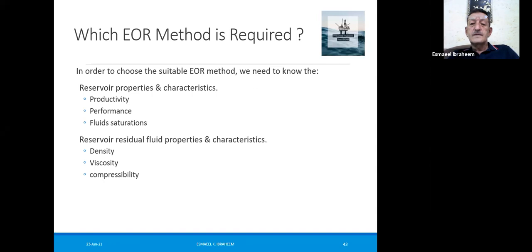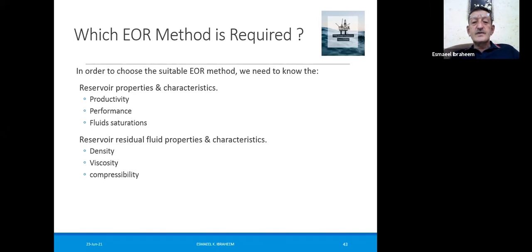Now we come to which EOR method is required. I think this is an answer to a question yesterday by one of the attendants: how to choose which is the best one. Now we will answer your question, and maybe it is the question of most of you.